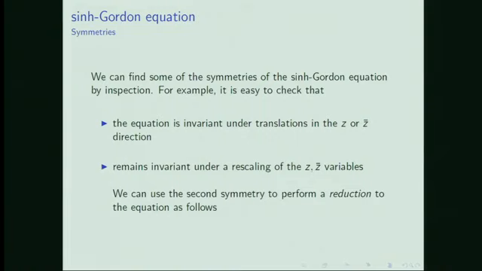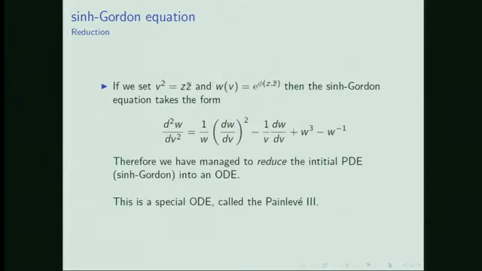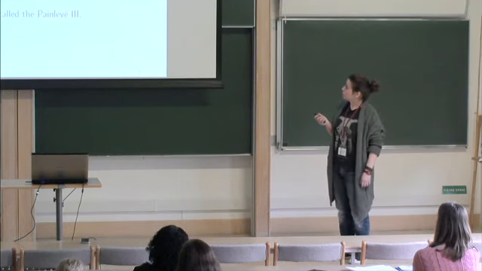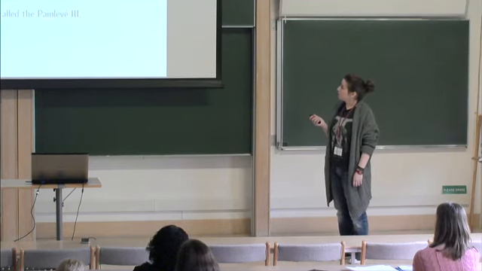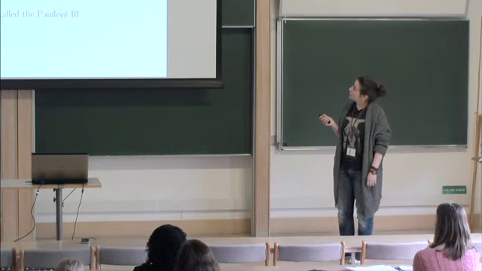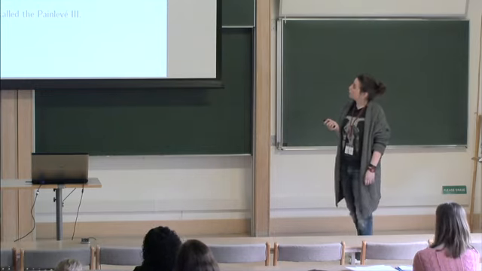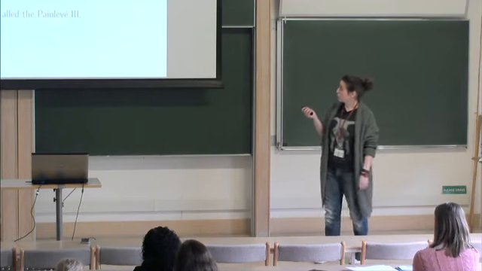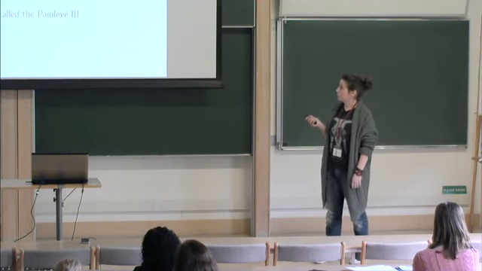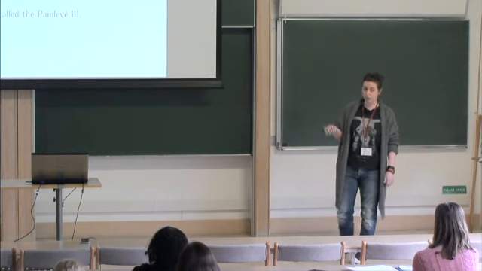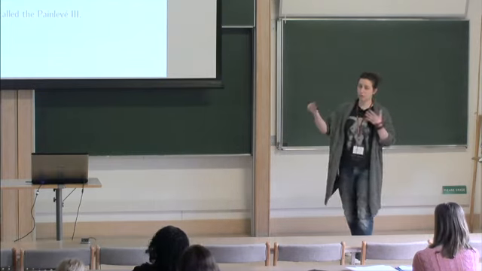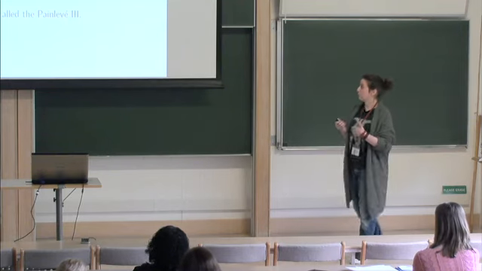We'll use this second property to perform a so-called reduction of the sinh-Gordon equation. If we set v equal to z times z bar, and w to be the exponential of the sinh-Gordon field, then the equation transforms into this one here, which is an ordinary differential equation. So we've managed to reduce a PDE to an ODE.